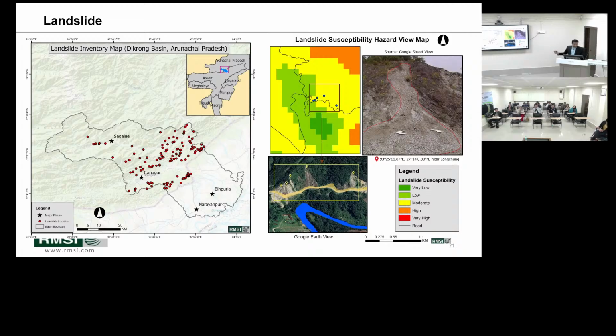Now coming to landslide. Our team has developed our own methodology based on rainfall induced landslides. They have found out these landslide prone zones, because it is totally hilly region, and I have shown you the tectonic cross-section view.